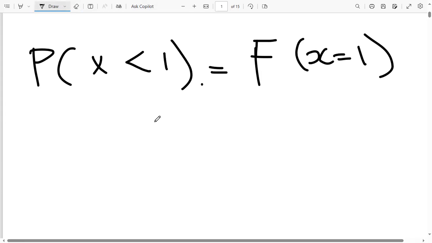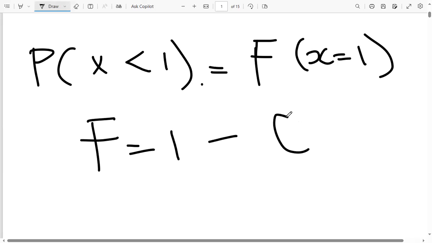The cumulative distribution for the exponential distribution is given as 1 minus e to the power minus lambda x. This is the formula we are going to use to find the probability. So the probability of x being less than 1 is equal to the cumulative distribution at x equal to 1.